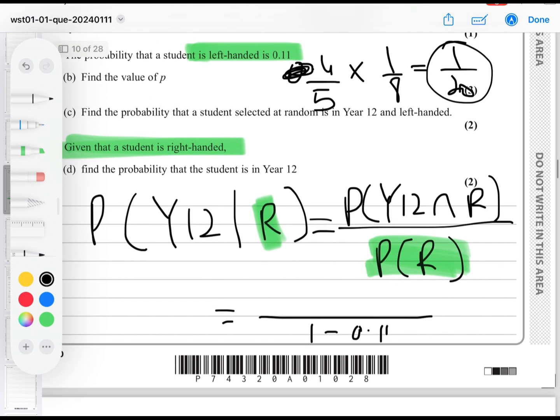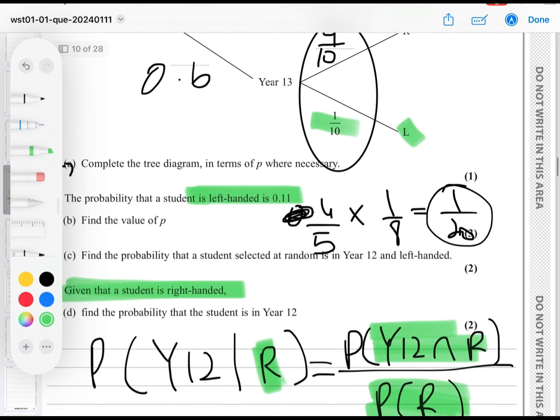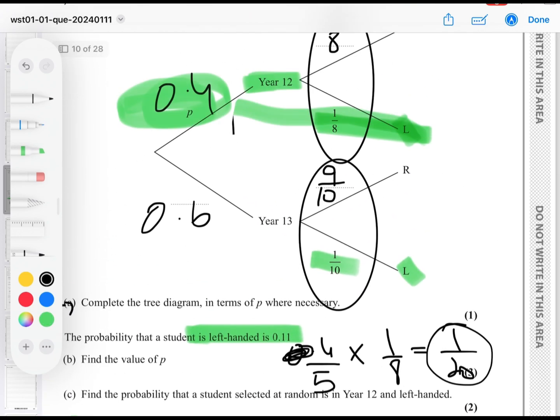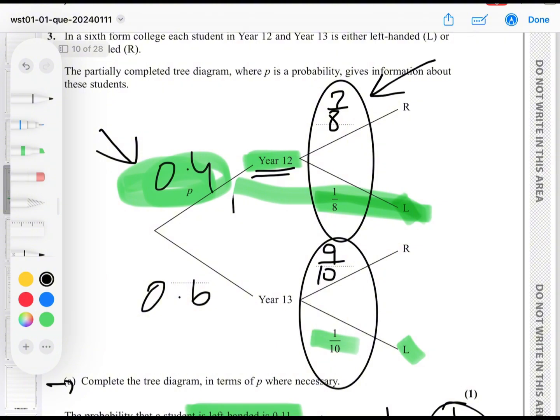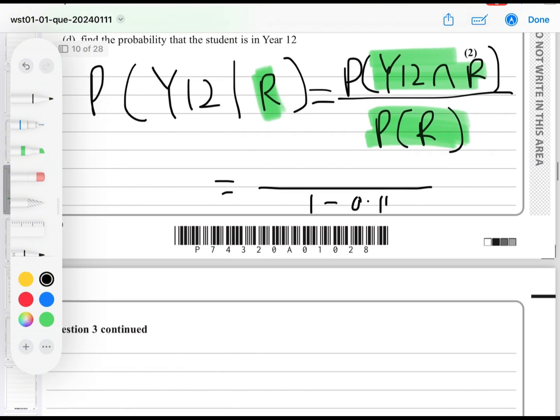Now for the right-hand students in year 12, the intersection between them. These are the right-hand students. Sorry, this is grade 12, and this is the probability for the right-hand student. So now we'll just multiply them.